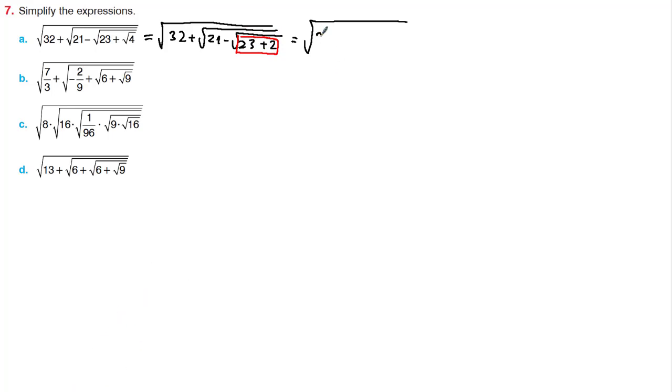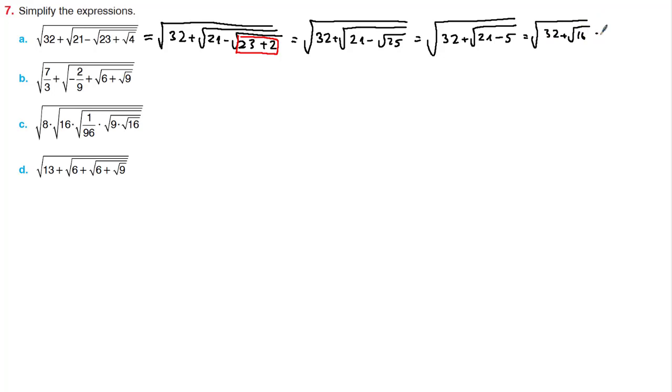That will make 21 minus root of 25. Now square root of 25 is just 5. And 25 minus 5 is just 16. Square root of 16 is 4. That makes it square root of 36, which is just 6.